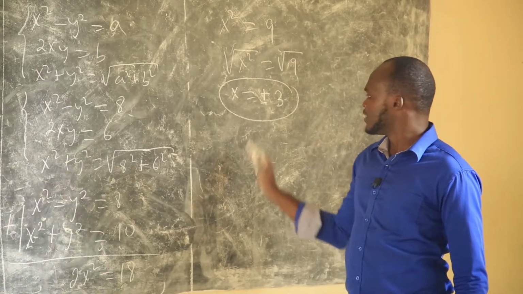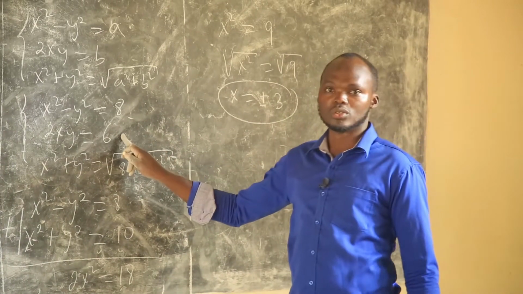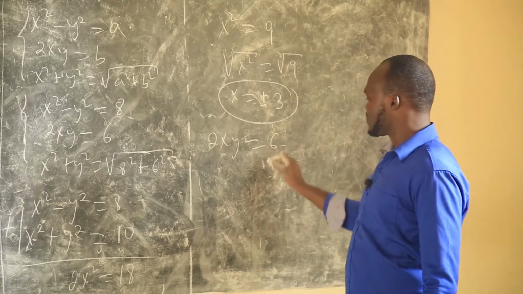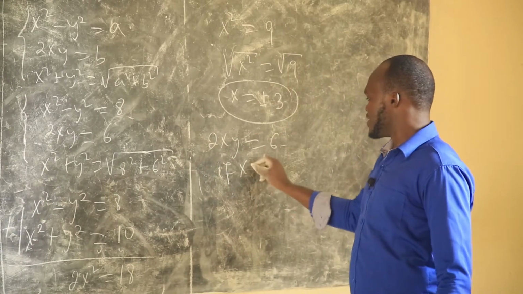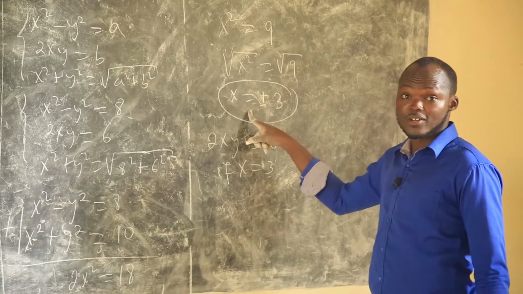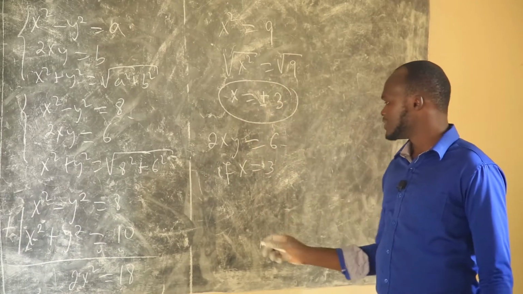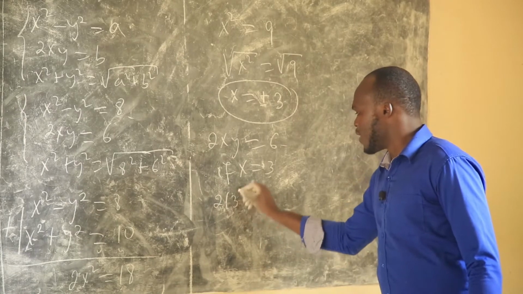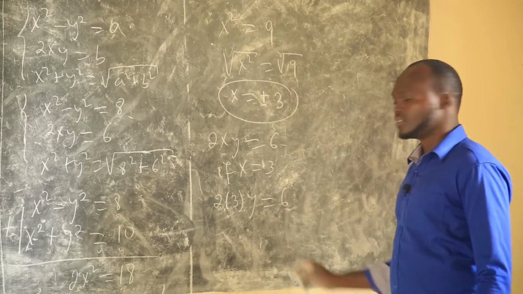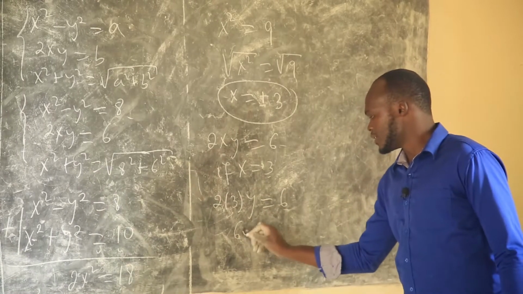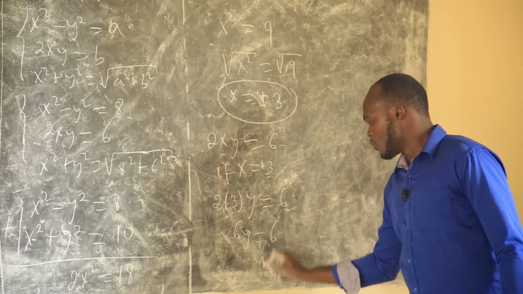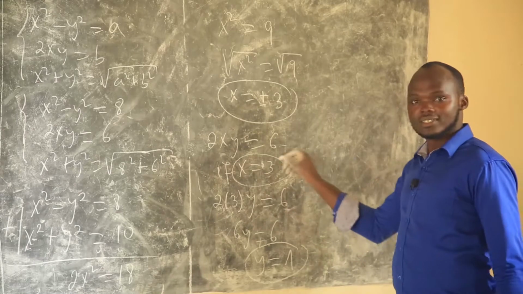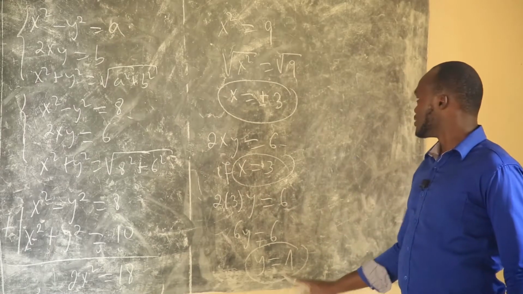So now, after getting the value of x, we're going to use equation 2 to get the value of y. 2xy equal to 6. If x is 3, because x has 2 values here, plus or minus. So if x is positive 3, 2 into bracket 3y equal to 6. So 6y equal to 6, y equal to what? To 1. So when x is 3, the value of y equal to 1.